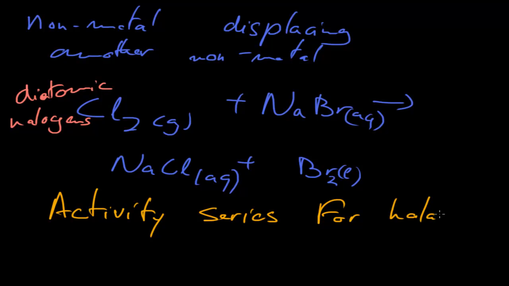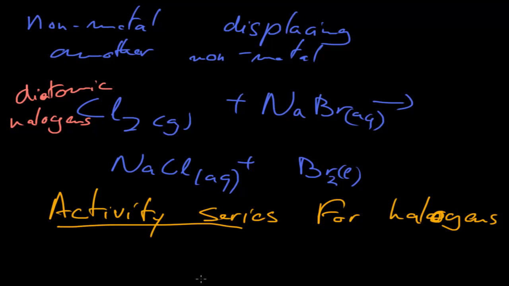It's very similar. It's a very similar table as the activity series for metals. So the reason why we picked this for halogens is because we could also predict the possible ones thanks to the activity series that's given in literature or in textbooks or in references and so on.